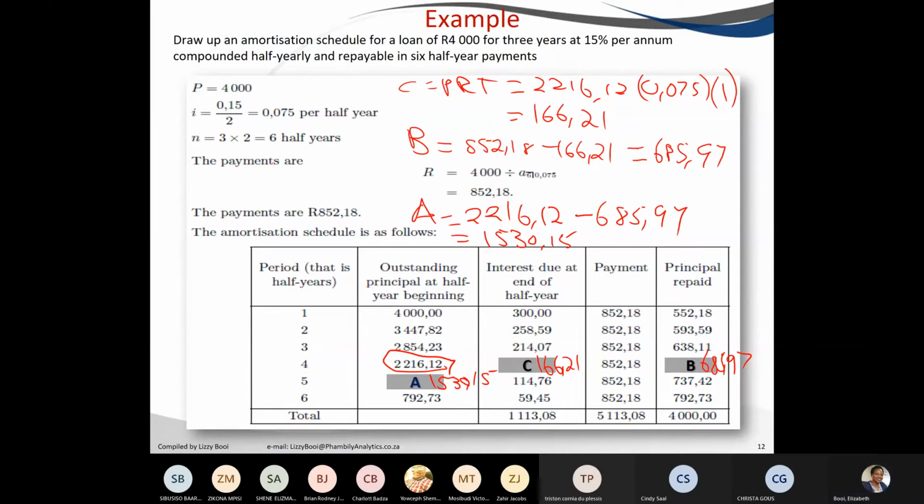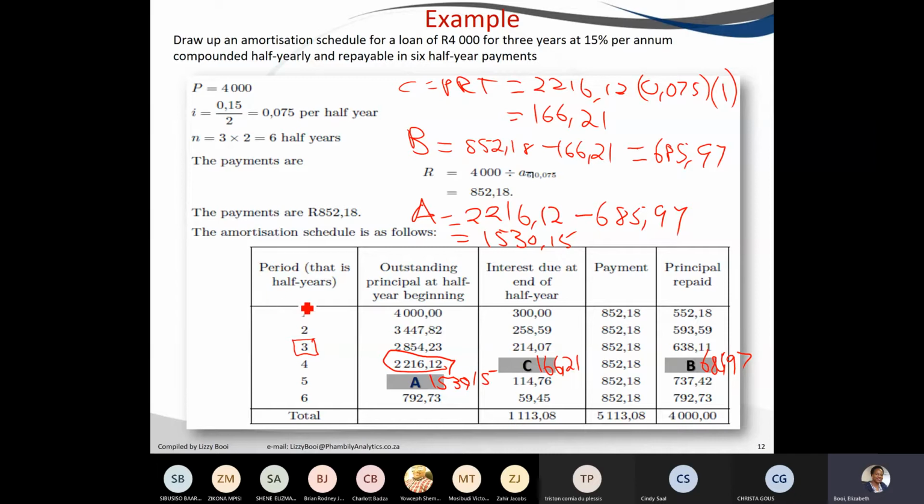Sometimes they might ask you, what will be the outstanding balance after payment 3? So it means what will be the outstanding balance after I make payment 3?